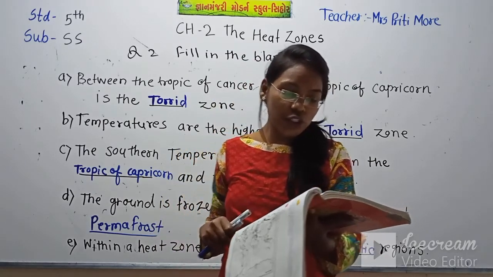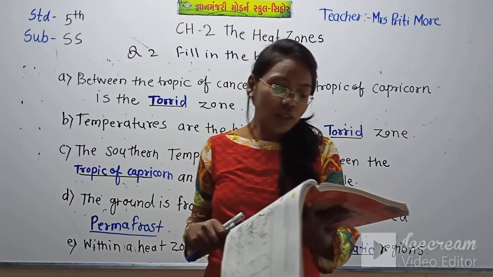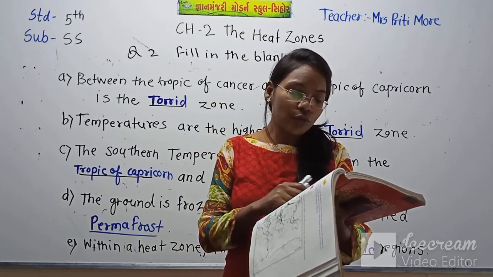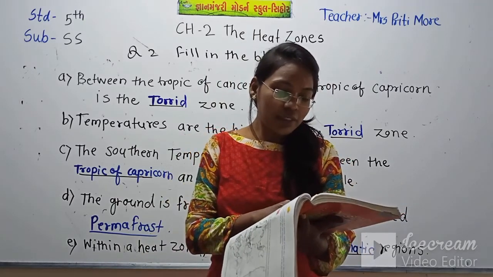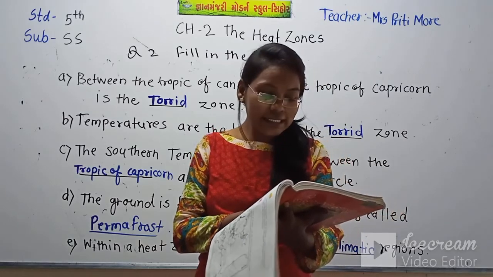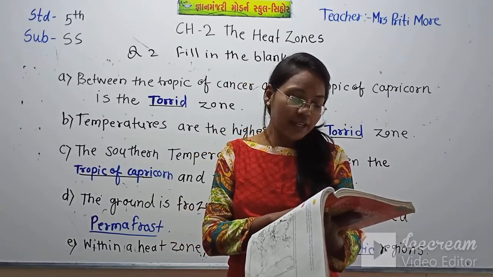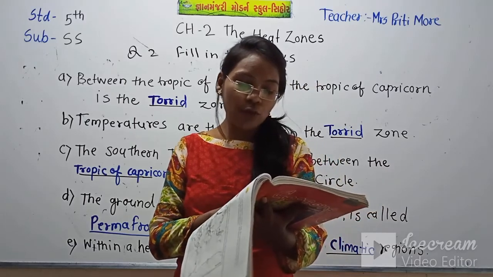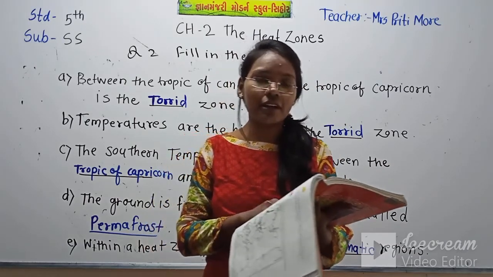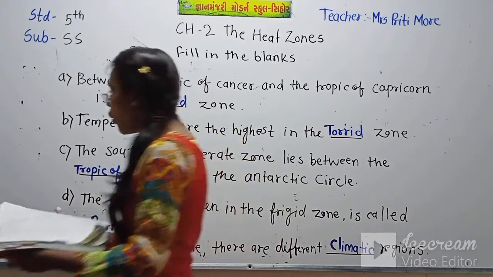Now the last one, question number 4. On the following diagram, do the following. Name the latitudes and mark their degrees. Name the heat zones, and in the image provided, mark the heat zones in different colors. This is your homework.